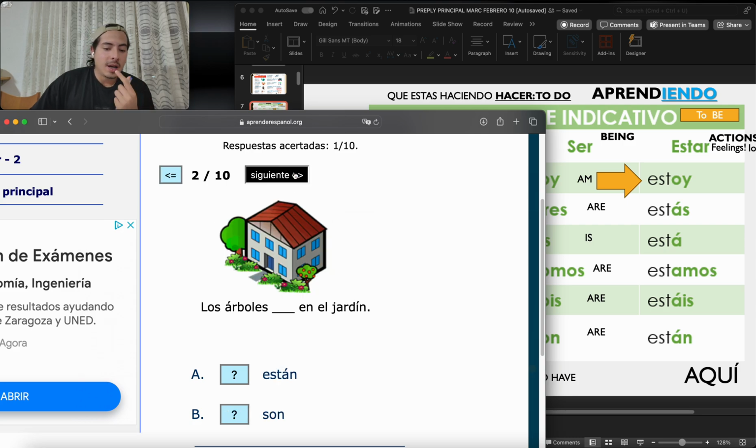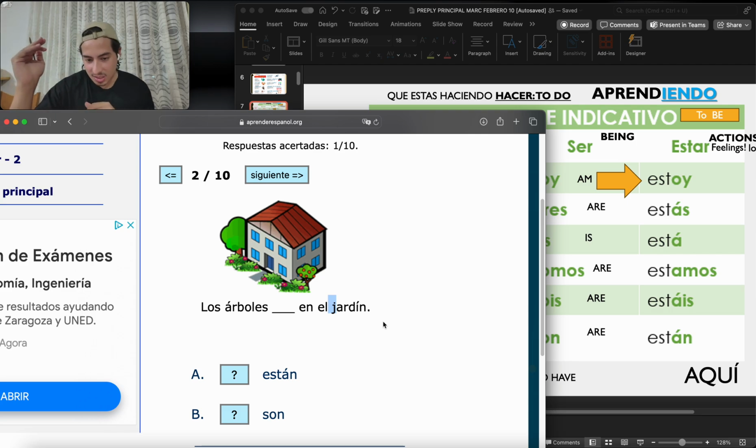No. Another one here. Los árboles. Los árboles are the trees, right? You can see them here. And el jardín, the garden. Also, please always remember this is a really important thing that a lot of you forget: the J is pronounced like an H in English, right?